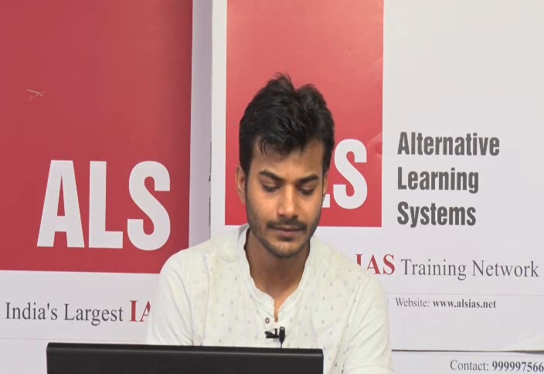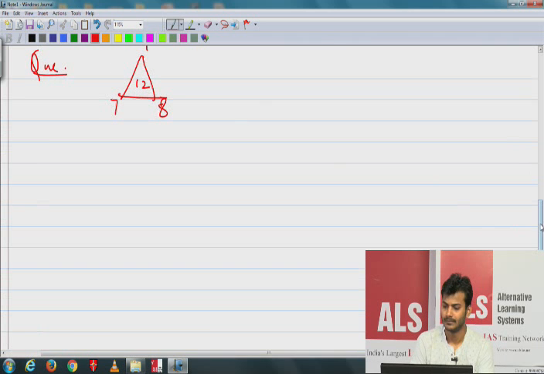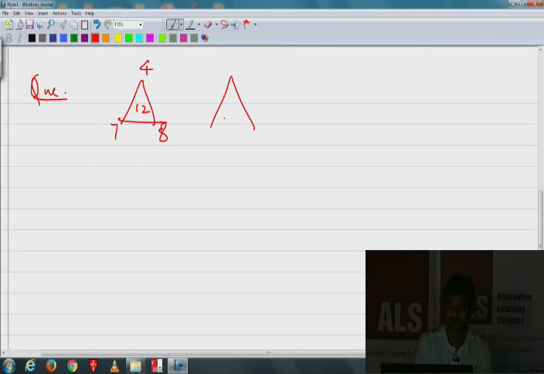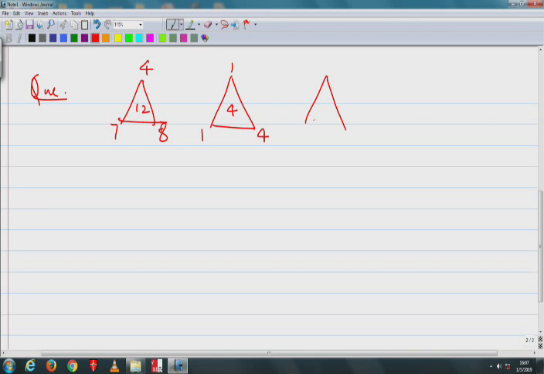Yeah. So the first one is, we have this triangle shape with numbers being filled in. Here is 4, 7, here is 8, here we have 12, here it is 1, 1, 4, here it is 7, and here it is 2, 6, 5.